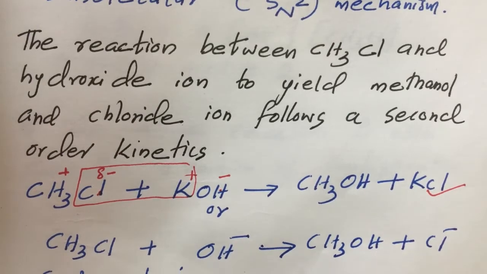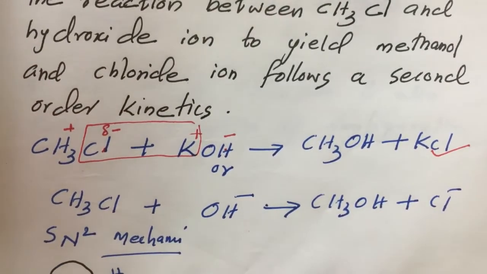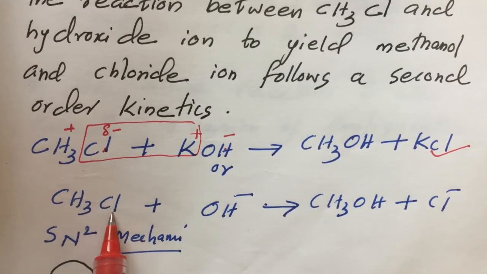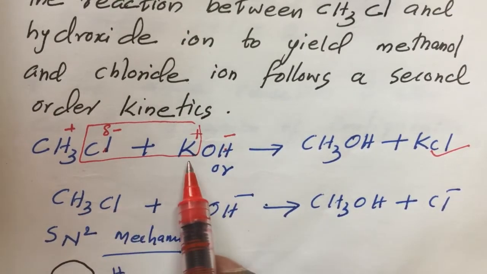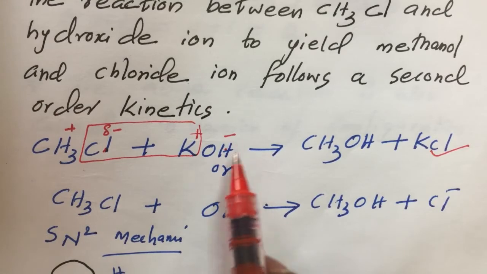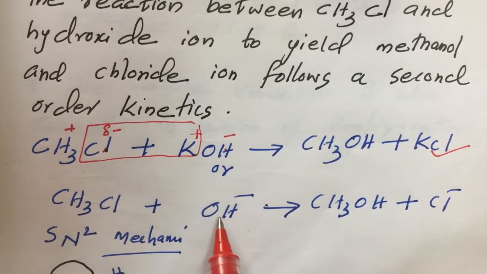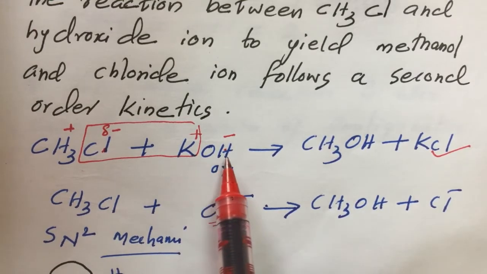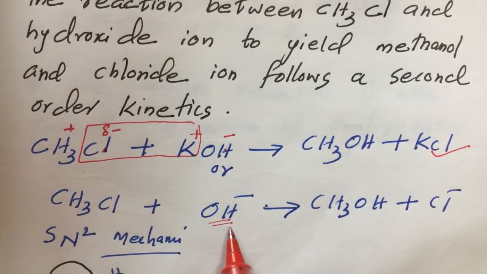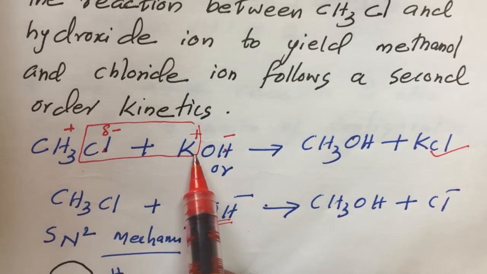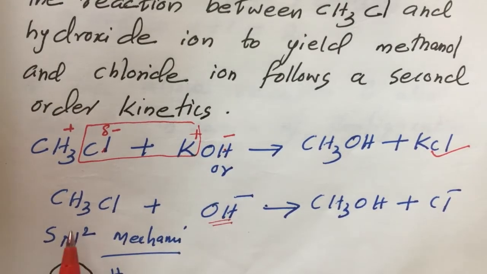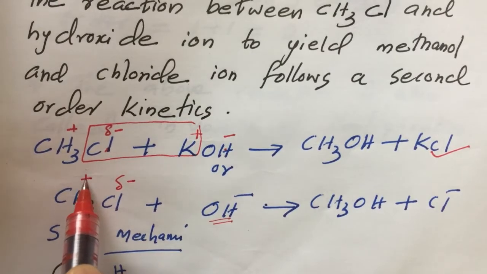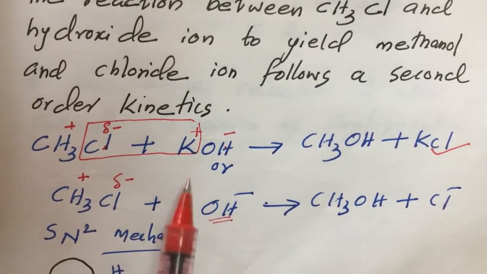I will explain the mechanism. Listen. The same reaction we can write like this: CH3Cl plus OH minus. Instead of KOH, we write only OH minus. The nucleophile OH minus attacks CH3Cl, where Cl is negative and CH3 is positive.